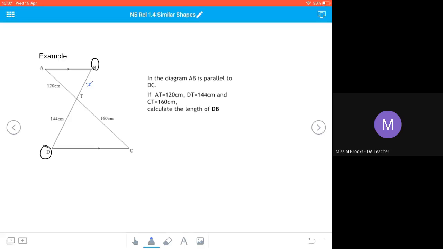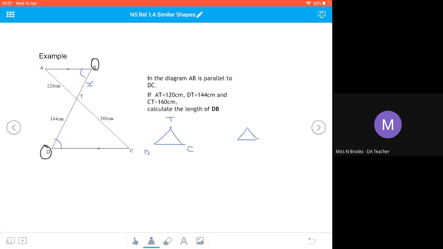So again, draw yourself some sketches. So we've got triangle DCT, and then we've got a littler triangle, and we need to work out how the letters go. Now you can see that with my Z-shaped angle, angle B and angle D are equal.